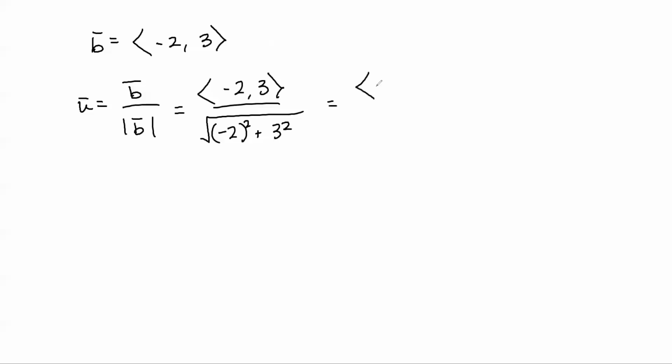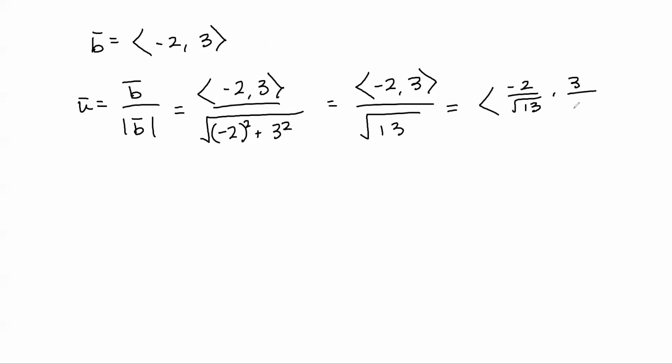So that gives you (-2, 3) divided by the square root of 4 plus 9, which is 13. And then again, you could make that 1 over root 13 and do a scalar multiple. So that would give us (-2 over root 13, 3 over root 13). And again, you can see this does point in the same direction, and then you could check to show that this is of length 1.